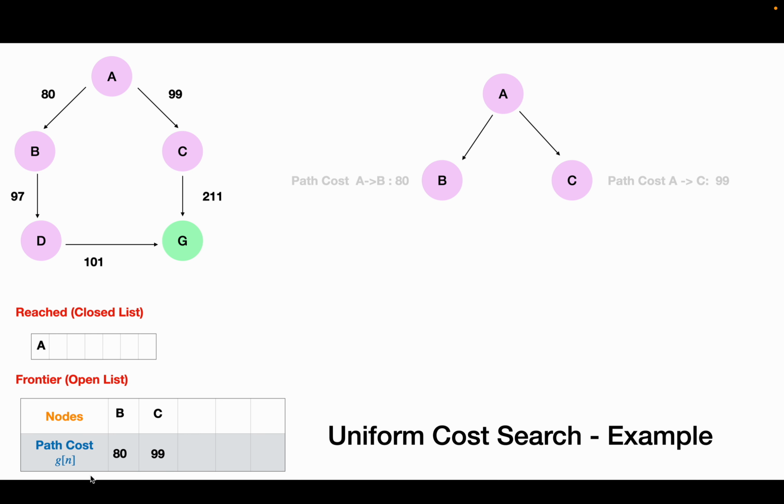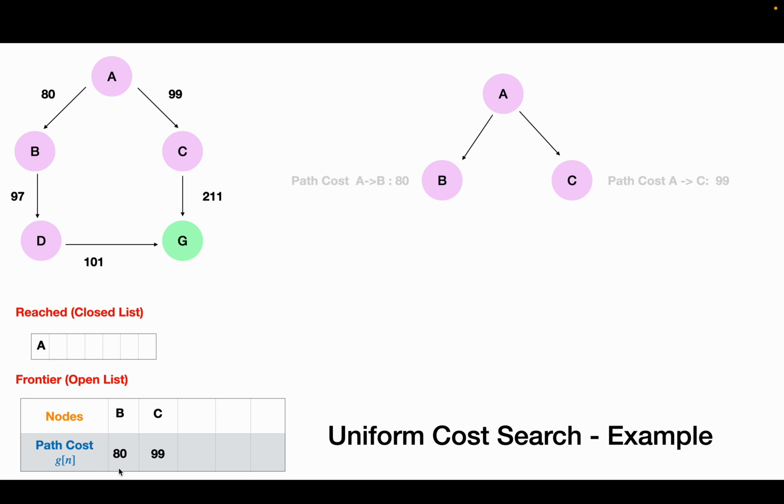This is a priority queue, and we try to maintain the nodes which have the least cost at the top, so that they will be pursued first. Among B and C, B has the lowest cost, which is 80, and C has the path cost of 99.